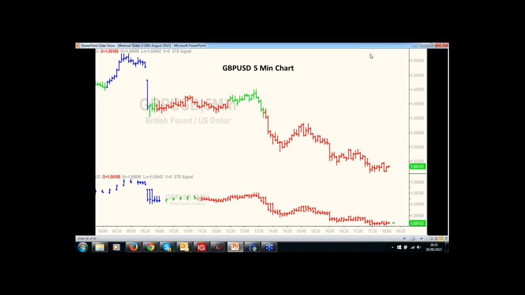Now I just want to show you here what I have got. I've got a 5-minute pound dollar chart, as you can see, which is a trading chart, and on the bottom here, this is a 15-minute chart of the pound dollar. The 5-minute chart is going to change out of one trend to another very quickly, whereas the 15-minute will take longer, and the 60-minute will take longer again.